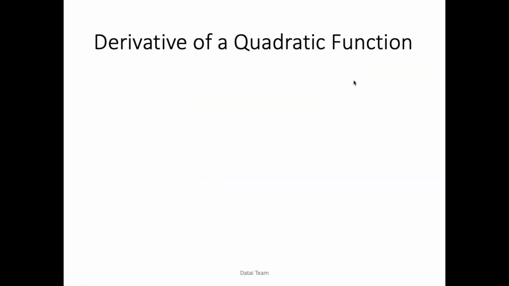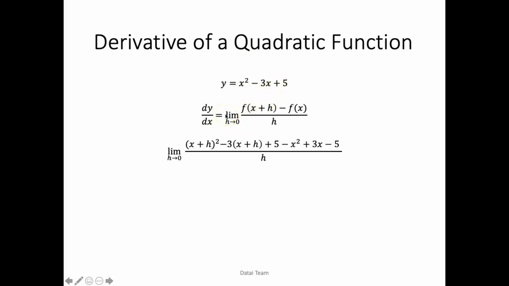And let's do the same for a quadratic function. We have y is equal to x squared minus 3x plus 5, and we apply the same formula. dy/dx is equal to the limit, as h goes to 0, of f of x plus h minus f of x over h.